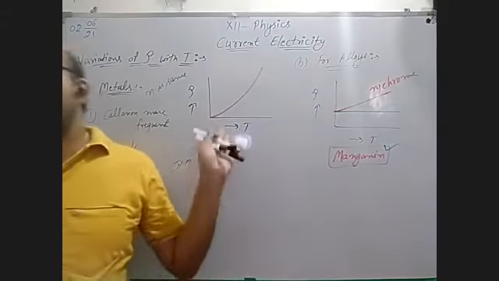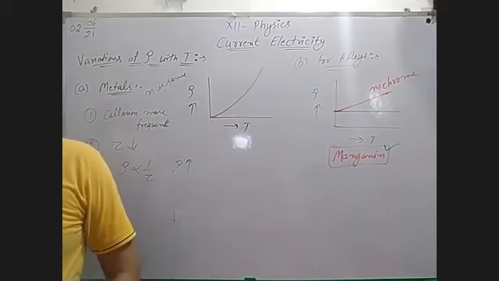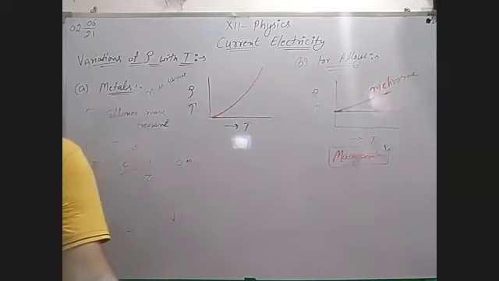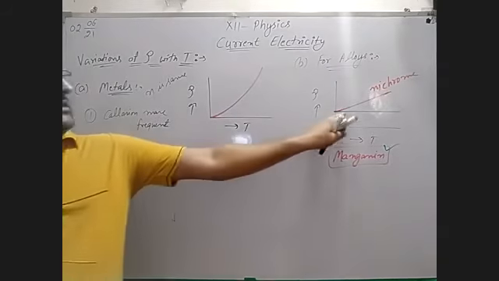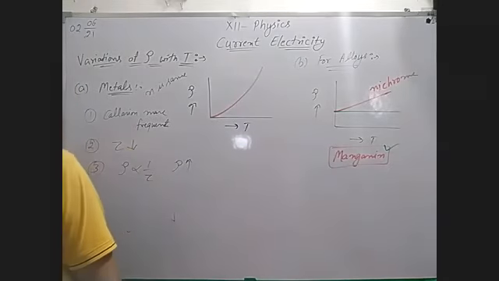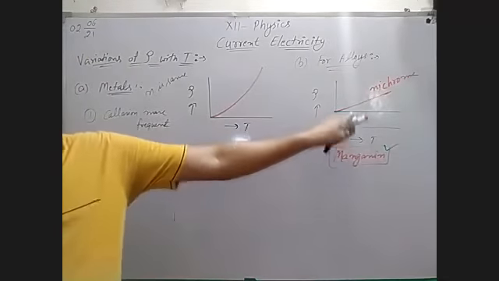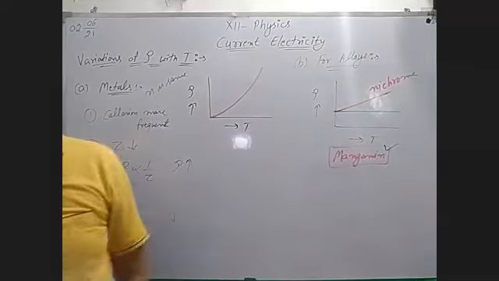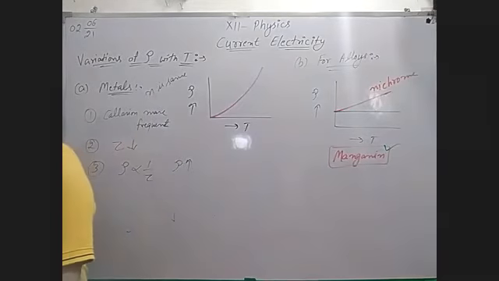In case of metal it starts from zero, but in case of alloy there is some high value, because for alloy you have to take these graphs from some value of resistivity, not from the origin. This is the case of alloy.